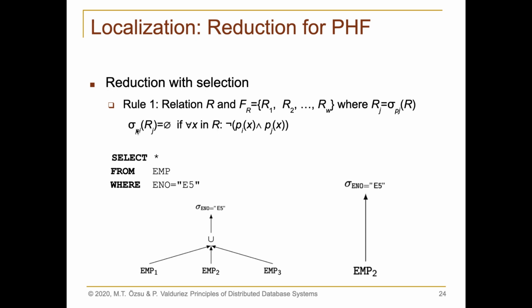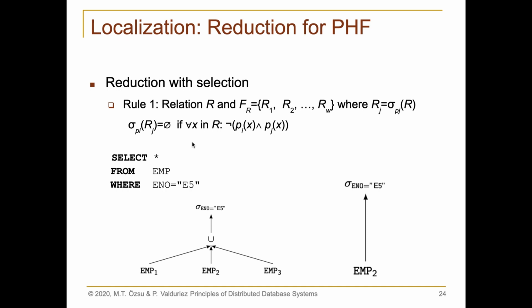So if a simple predicate Pi holds false for any of the tuples of R, or if a predicate Pj holds false for any of the tuples of relation R, then we can simply say the selection operation Pi on subrelation Rj yields an empty set. For that purpose, we can reduce this selection operation from our set of simple predicates.